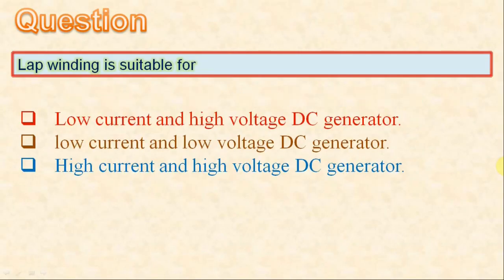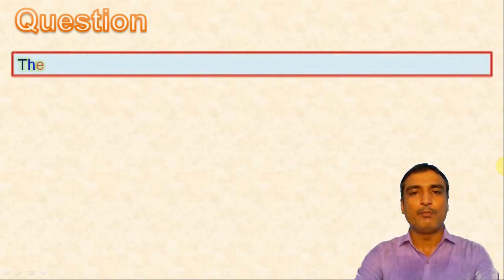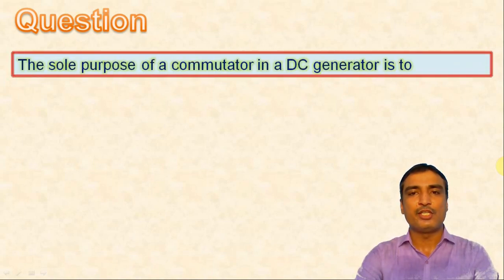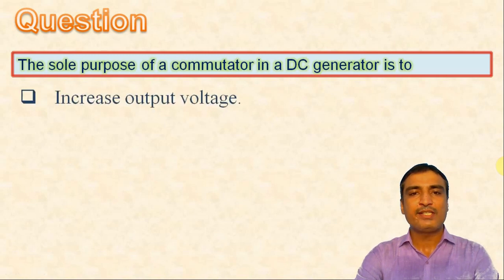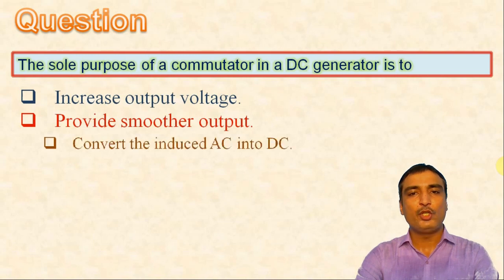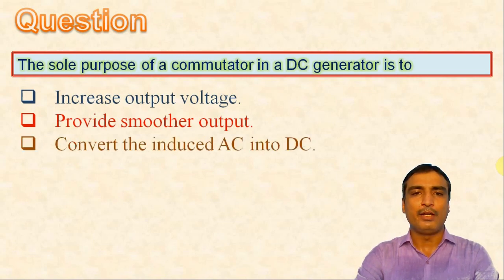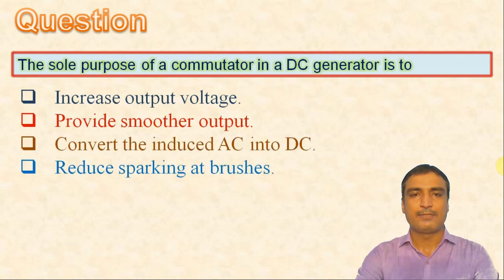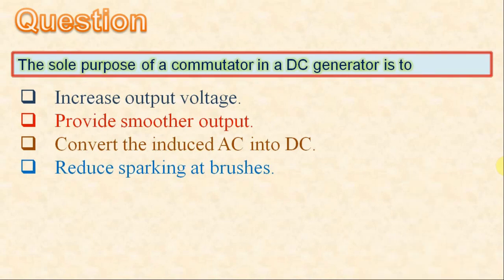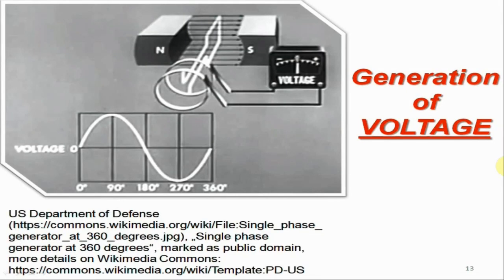Next question is, the sole purpose of a commutator in a DC generator is to. The options are increase output voltage, provide smoother output, convert the induced AC into DC, reduce sparking at brushes. We have already learned that the EMF induced in the armature conductors of a DC generator is of alternating nature.